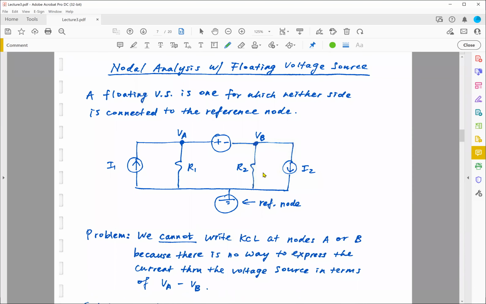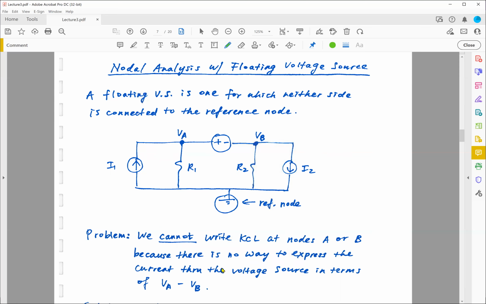So what seems to be the issue with this floating voltage source? The problem is, unfortunately, we cannot write KCL at node VA or VB because there is no way that we can express the current flowing through this voltage source in terms of VA minus VB.